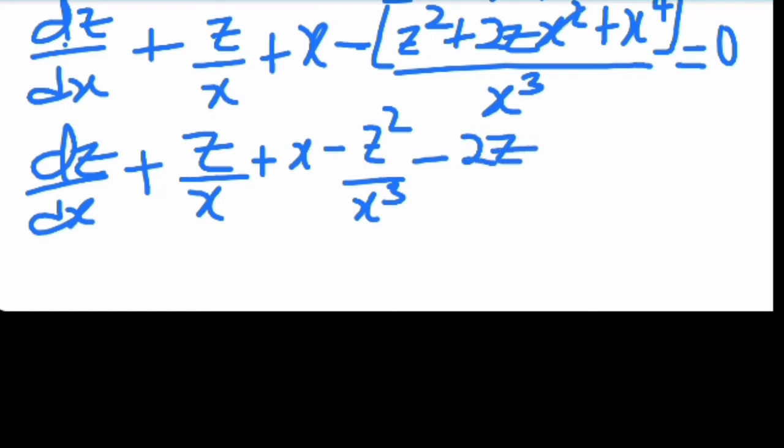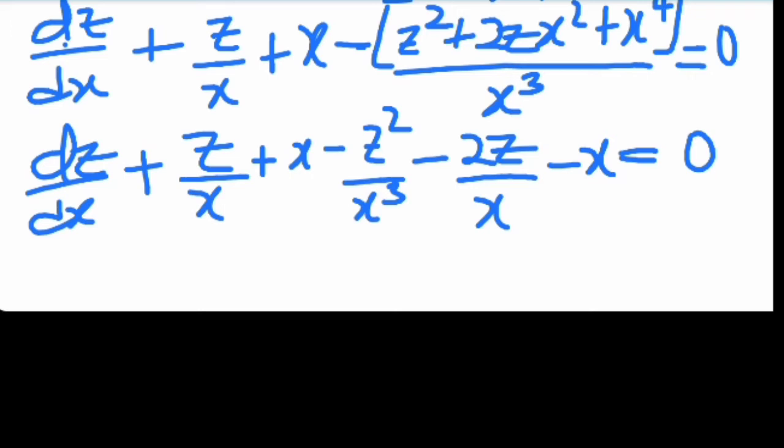You see that this will cancel this and it will remain only 1x down there, so that will give me z over x minus x is equal to 0. Why is it minus x? Because I divided this by this and I'm left with just 1x there. 4 minus 3 is 1. So that is equal to 0.